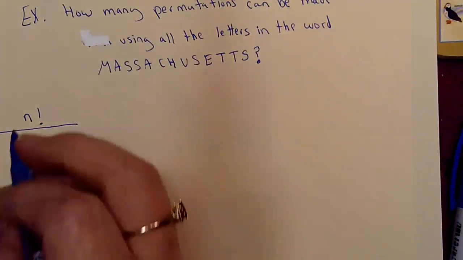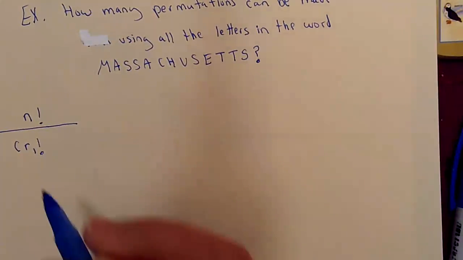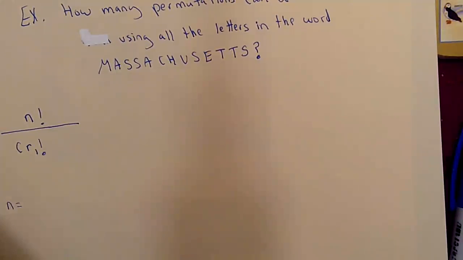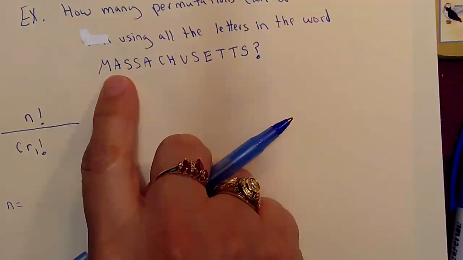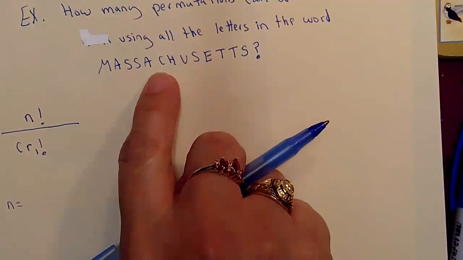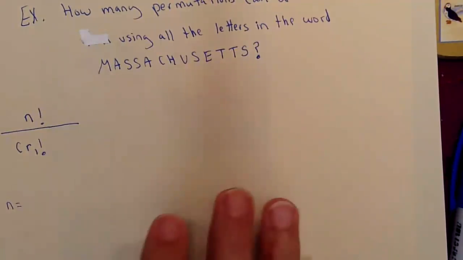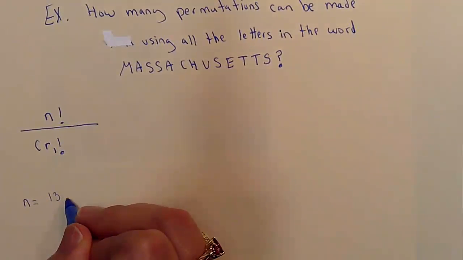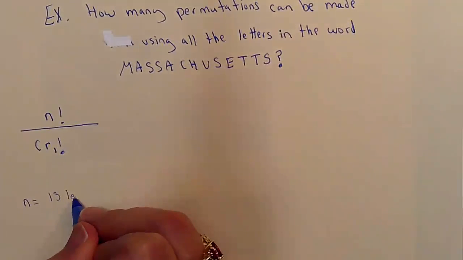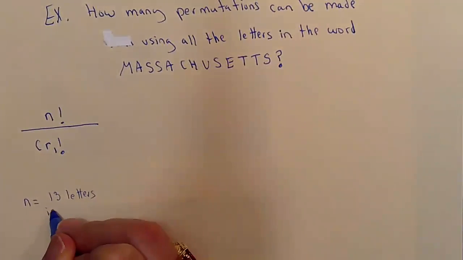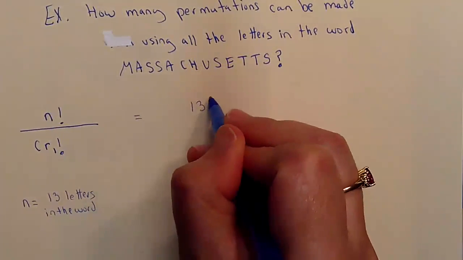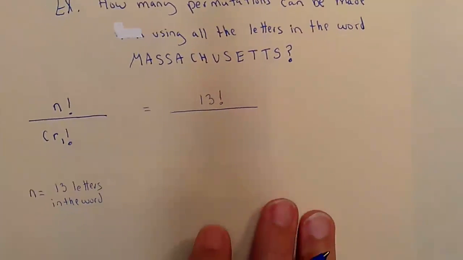Okay. So we have R1 factorial. Okay, so we're going to say that n is equal to, and I want to write it up the same way I did this one. N is equal to how many letters? Was it 13 letters? N is equal to 13 letters. So therefore 13 factorial.